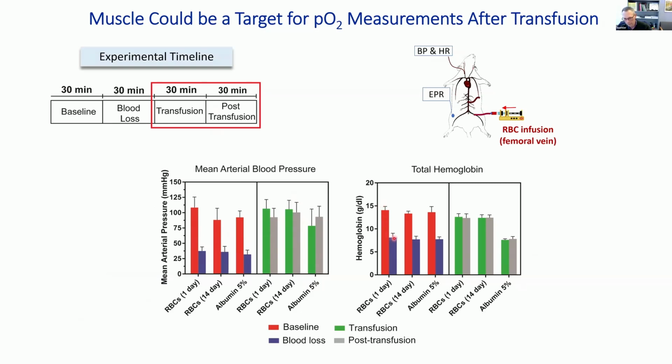Similarly with hemoglobin, we saw this decrease, which is expected. Then an increase in hemoglobin after transfusion of the 1 day stored, 14 days stored. Of course, we saw this with the 7 day stored as well. Albumin did not increase, as expected.